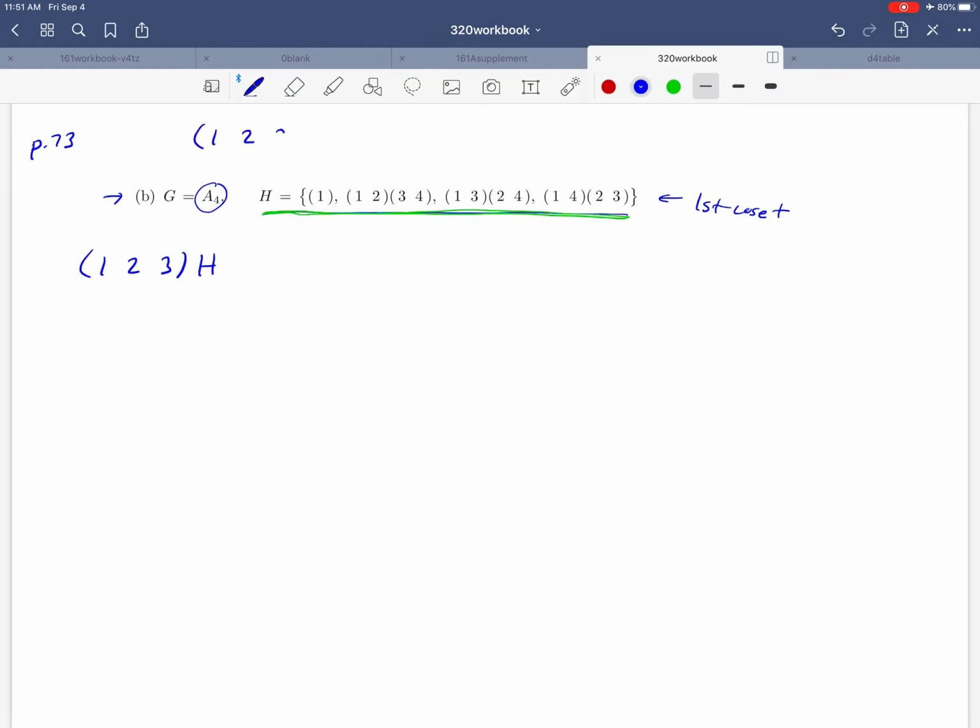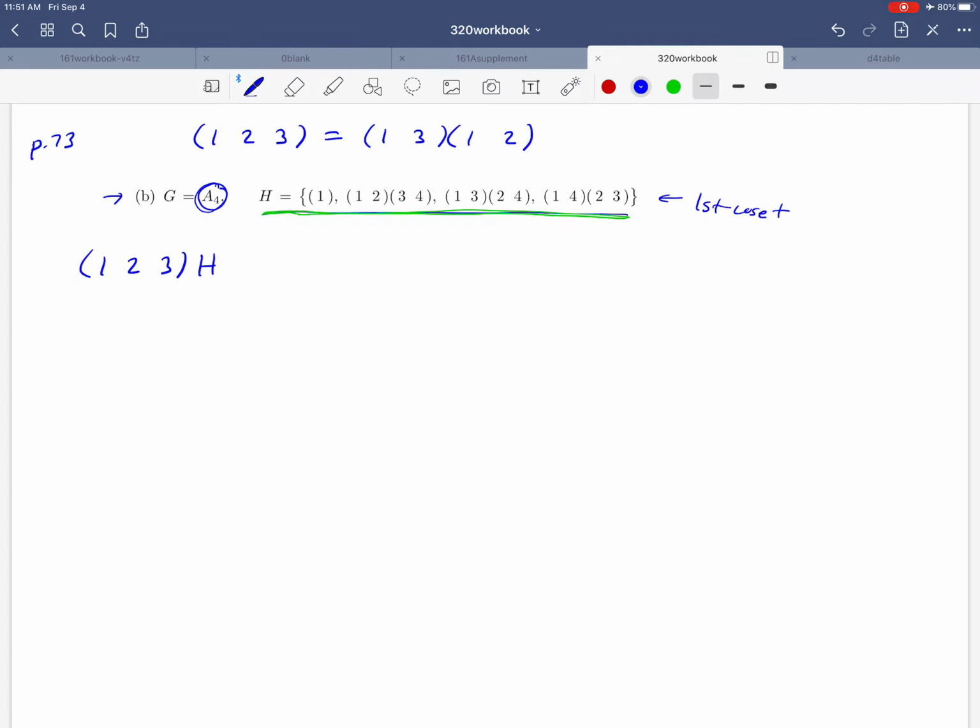That's true because we can decompose it into an even number of 2-cycles. We can write it as (1 3) times (1 2). Since it's a product of 2 cycles, it's an even permutation and therefore lives in A4.